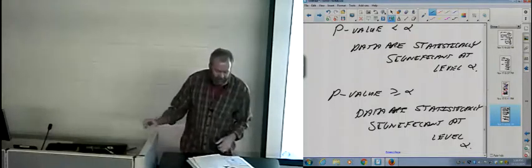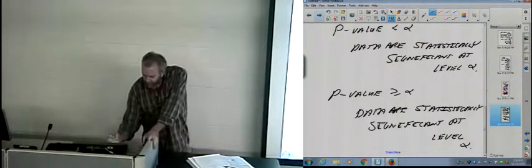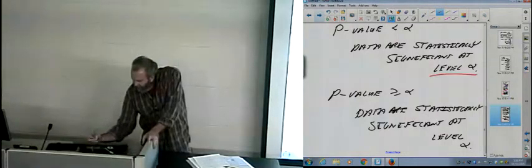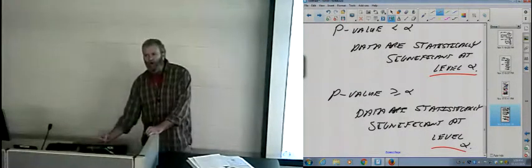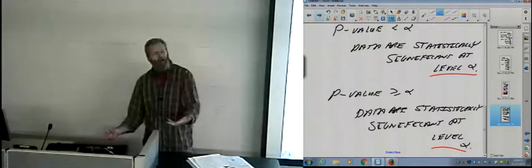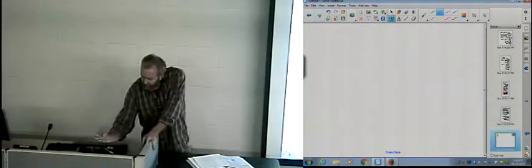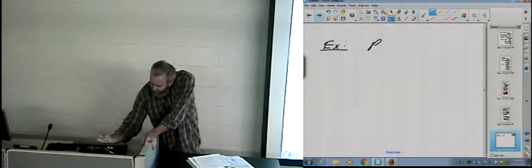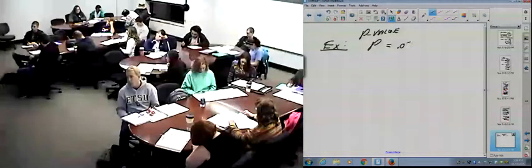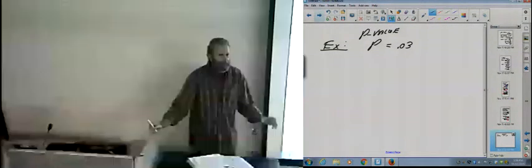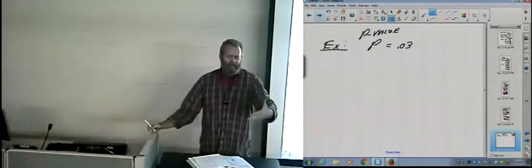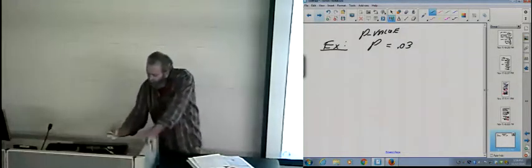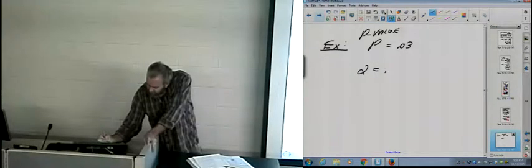Now, here's the thing about this. Why do I keep telling you that you have to tell me what significance level you are working at? Why do I keep putting the level alpha in there? Here's the reason. Let's say I have a p-value, and I'm going to use capital P for your p-value. It's 0.03. We did our hypotheses, we did our test statistic, we got a p-value of 0.03. What can you tell me if alpha is equal to 0.05?